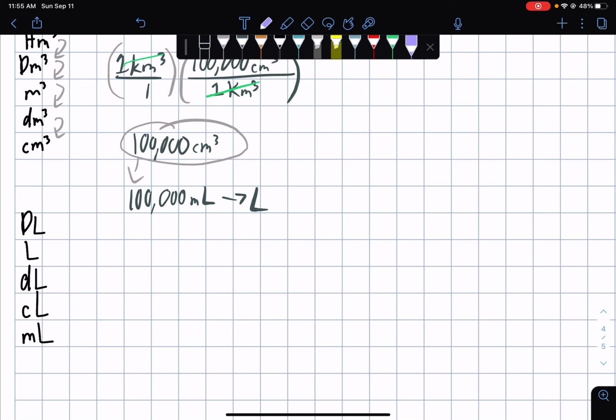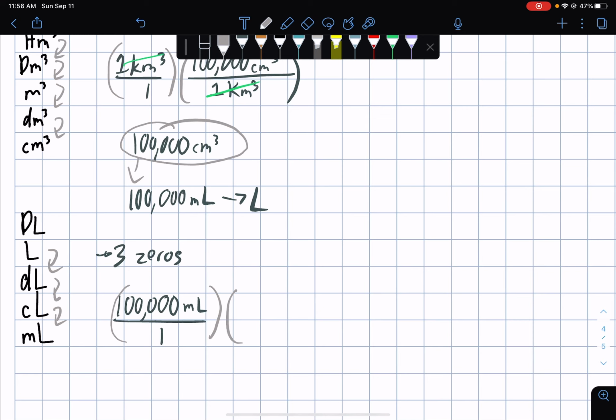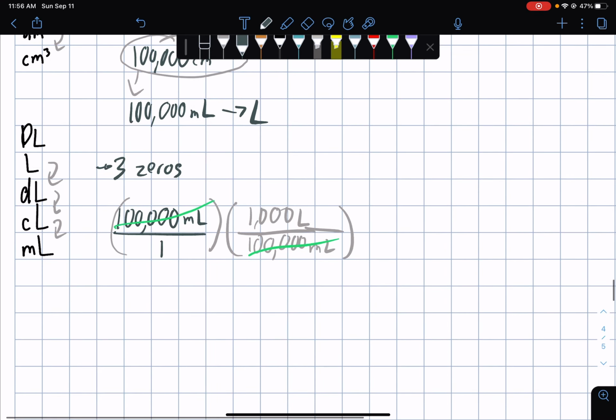Okay, so from L, 1, 2, 3, we have 3 zeros. So 100,000 ml over 1 times 1,000 liters over 100,000 ml also. So we cancel out and we get 1,000 liters. This is the final answer.